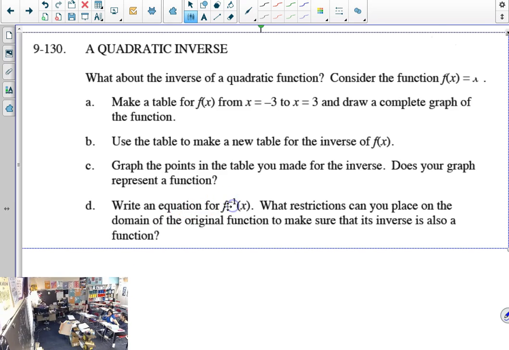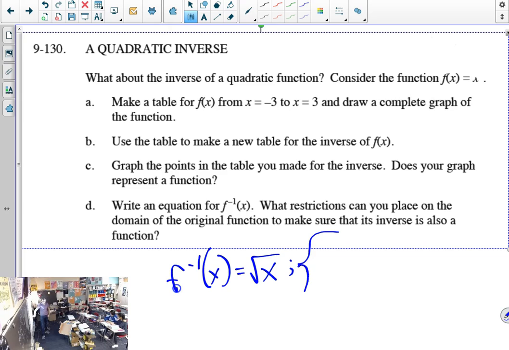So then our f inverse of x, the inverse of f of x, we got to restrict it. So please bear with me. We said it is square root of x, but when x is greater than or equal to 0, if we have a domain restriction on it.